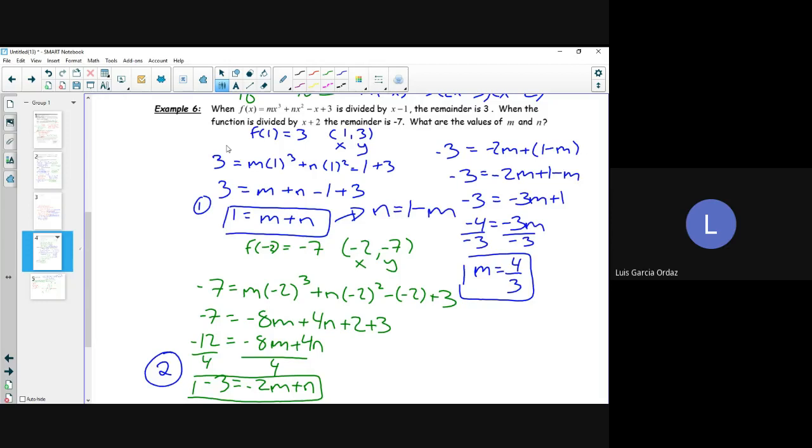And what would our last step be? Solve for n. We're going to solve for n by subbing 4 over 3 for m. So we get 1 is equal to 4 over 3 plus n. We get 1 minus 4 over 3 is equal to n. What does n give us? Negative 1 over 3.